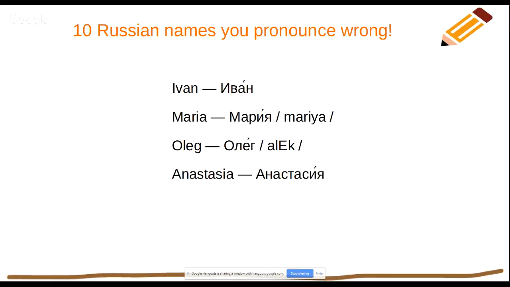Anastasia is pronounced as Anastasia. Vladimir is pronounced as Vladimir. The second syllable is stressed. Anna becomes in Russian Anna.